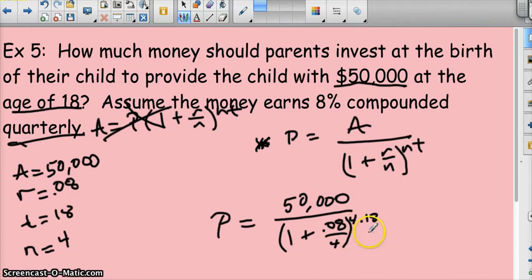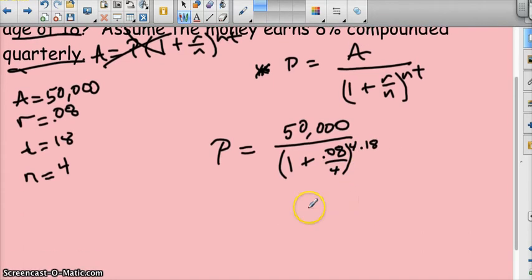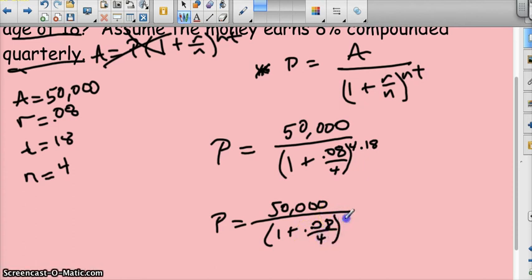I'm once again going to multiply this exponent first. 4 times 18 is 72. So the P will equal 50,000 divided by 1 plus 0.08 divided by 4 to the 72nd power.